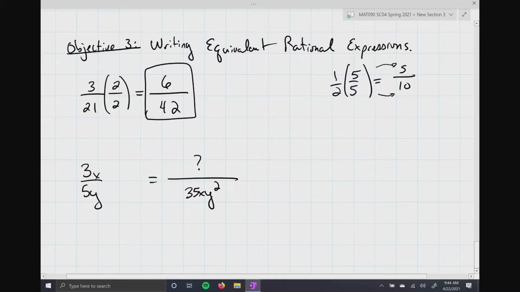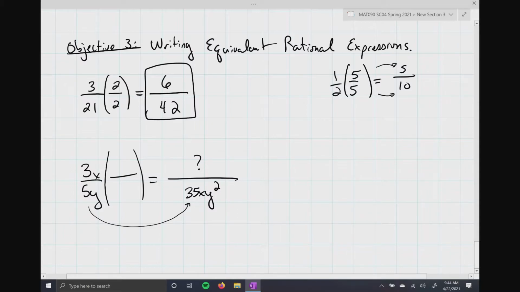How would I do that? Well, take it one step at a time. We're going to multiply this fraction. 5 times what gets you 35?